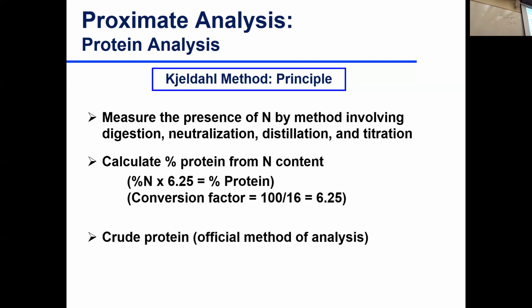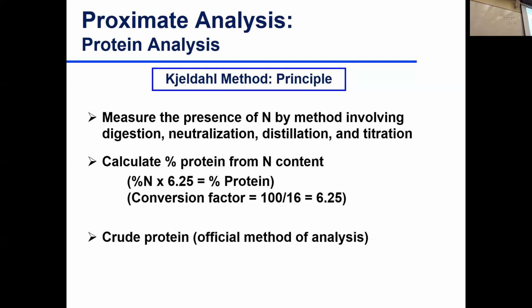Okay, so Kjeldahl. It's one of the oldest and most accurate methods for protein determination if you do it right, if you know what you're doing. Basically it determines the amount of nitrogen, and you convert the amount of nitrogen to protein based on a conversion factor.